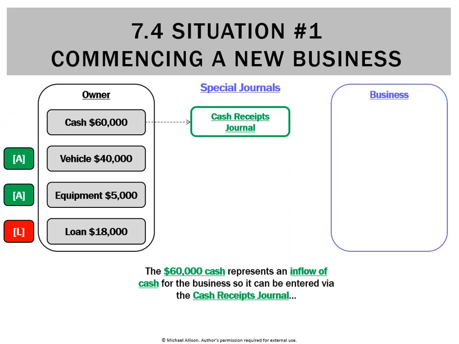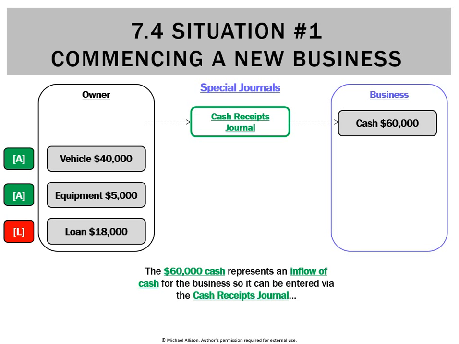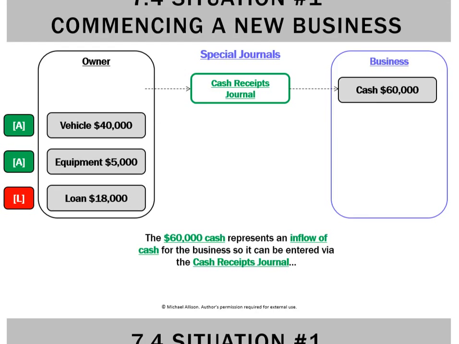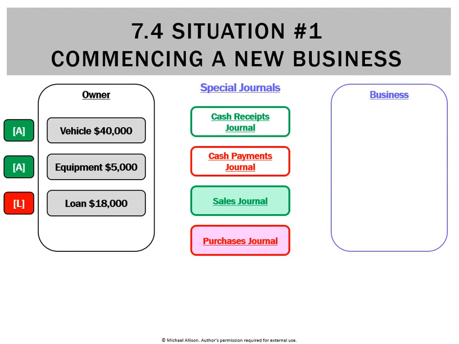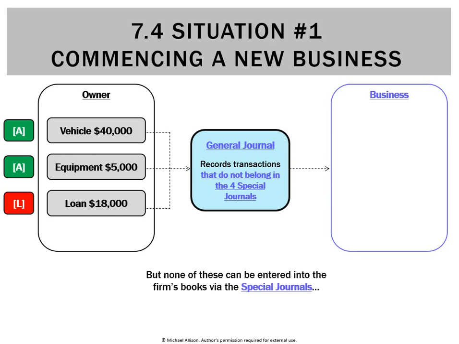If the owner's going to give the business cash to start a new firm, that could go in the cash receipts journal. That's an easy one. But the vehicle, the equipment and the loan don't fit neatly into any of the other journals. So what we're going to have to do instead is use the general journal.